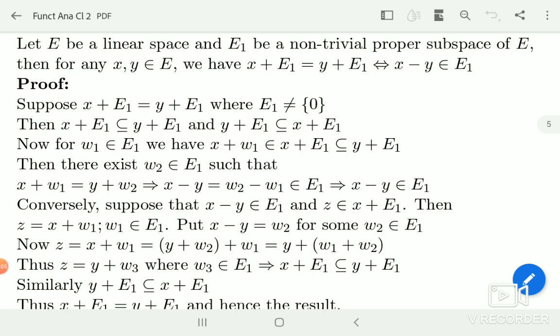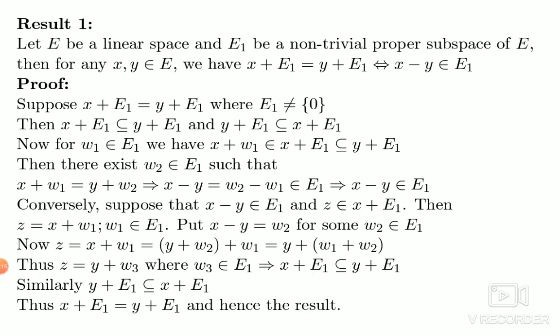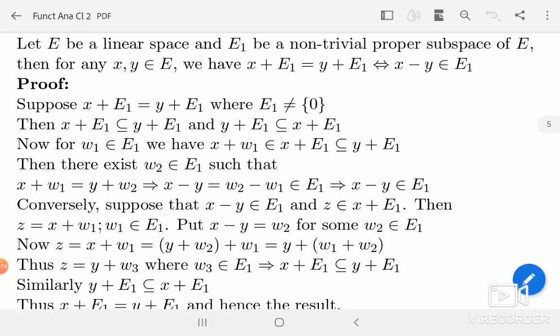That is equal to y plus W1 plus W2. Since E1 is a subspace, we can apply the associative and commutative conditions. Again, E1 is a subspace, so the linearity conditions hold, and W1 plus W2 will be some W3. So Z is equal to y plus W3, where W3 is an element of E1.